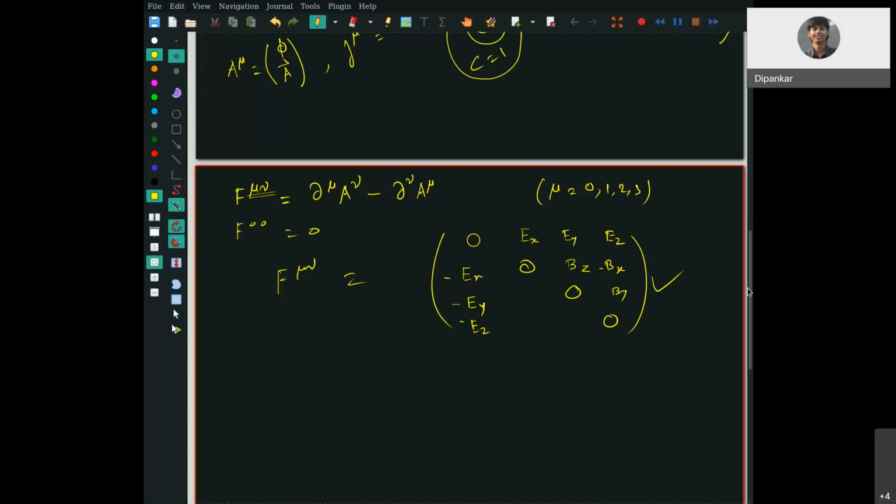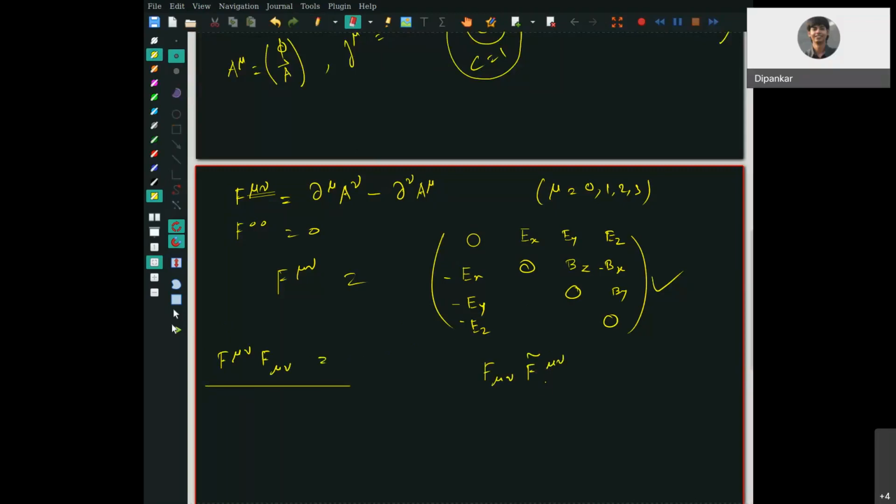Similarly, for this thing F mu nu, you calculate it, and then you calculate F mu nu tilde. And you see there are no uncontracted indices here. All the indices are contracted, so these are usually called scalars.